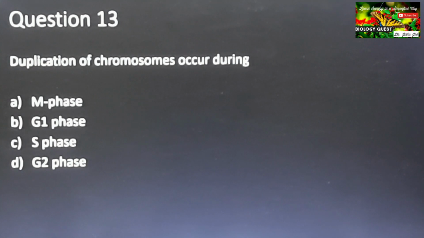Question 13. Duplication of chromosomes occurs during option A, M phase, B, G1 phase, C, S phase, and D, G2 phase. The duplication of chromosomes actually occurs during the interphase stage. It is the phase during which the cell prepares for cell division, isn't it?